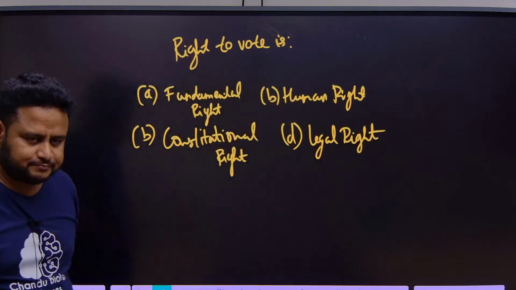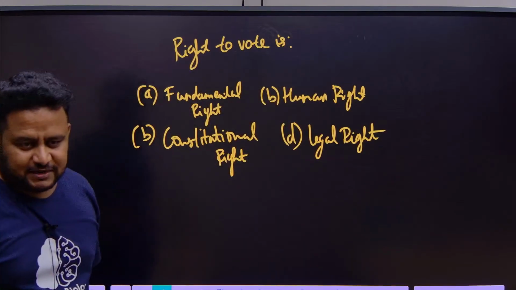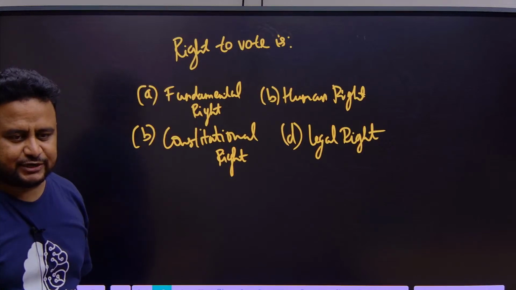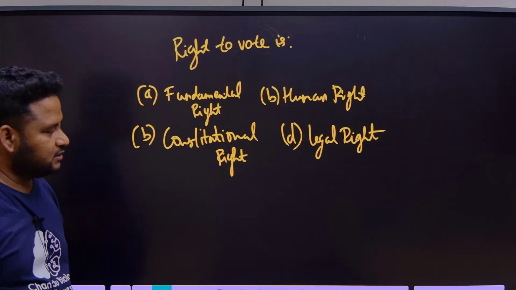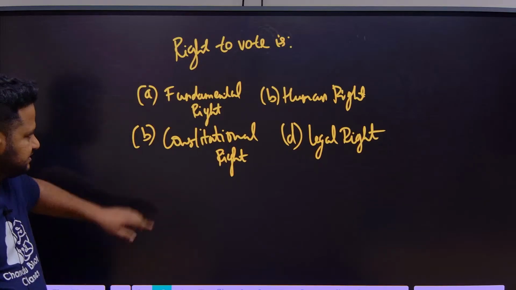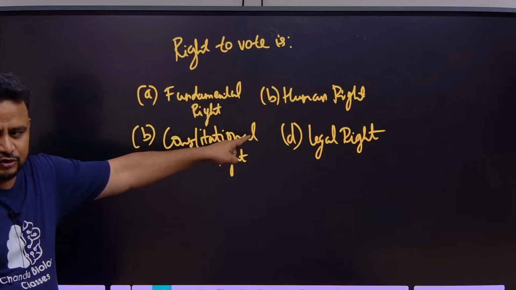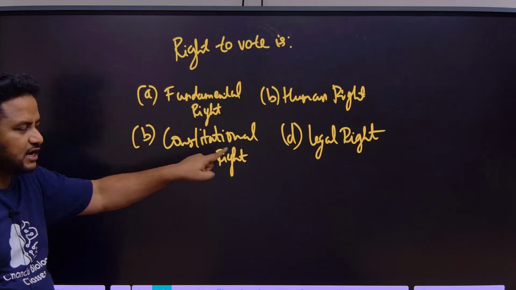This is my question. Part 15 talks about elections under Articles 324, 325. Elections means it is talking about the right to vote only. So is the right to vote a fundamental right, human right, constitutional right or legal right? What is the answer?